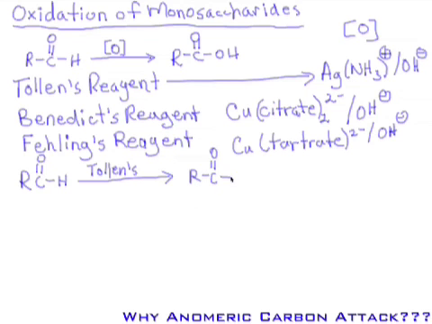All these reagents are base. What happens to an acid in a base? The acid gets deprotonated, so the CO2H becomes a CO2 minus. And the silver plus will become silver solid. So the aldehyde reduced the metal. The metal oxidized the aldehyde, but the metal itself gets reduced.